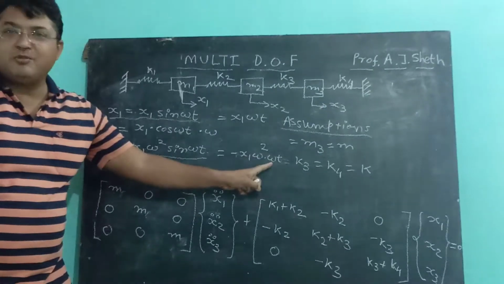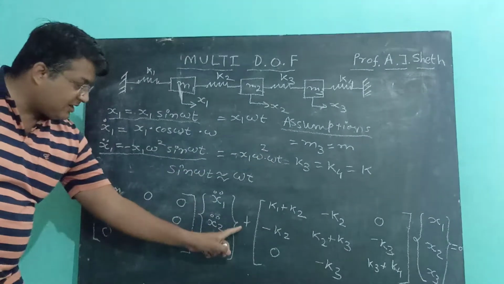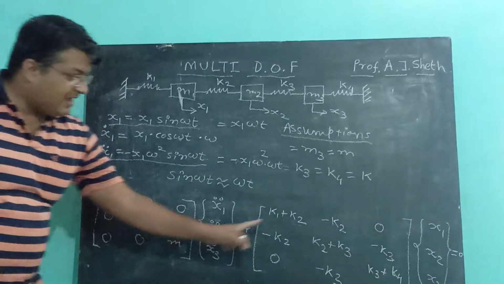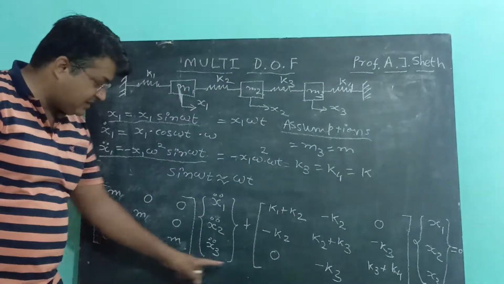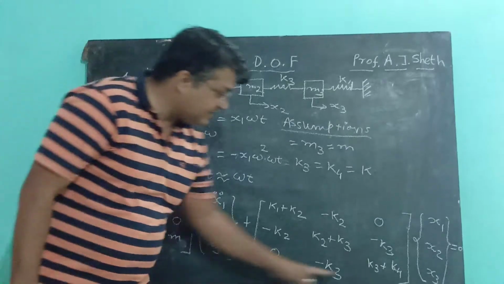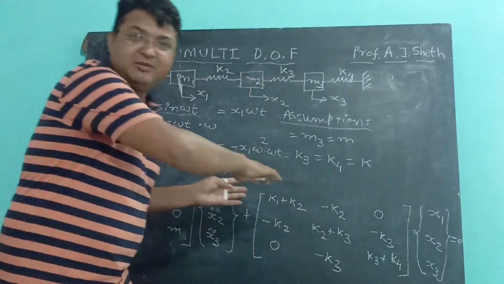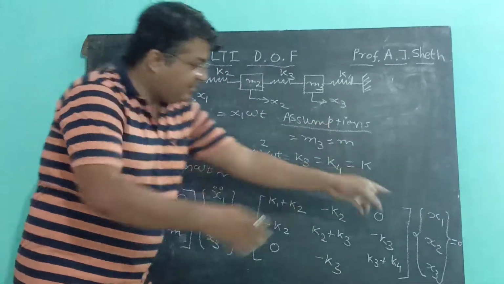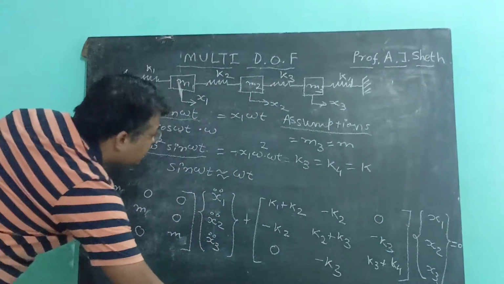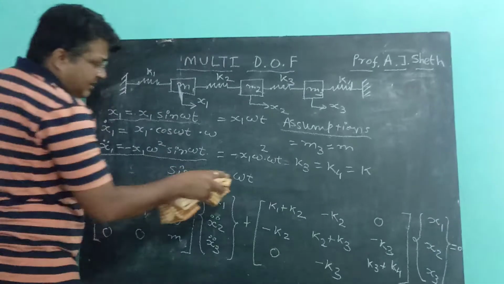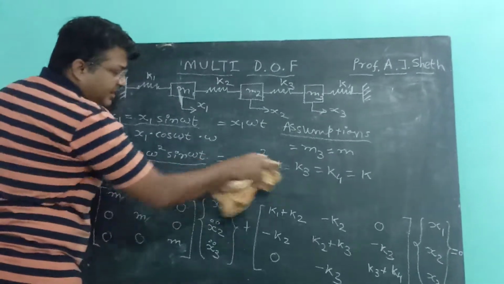If we put sine omega t here, it is available as a common factor from both, that is this plus this. So sine omega t will come out and go to the right hand side part. So let us keep sine omega t as it is.